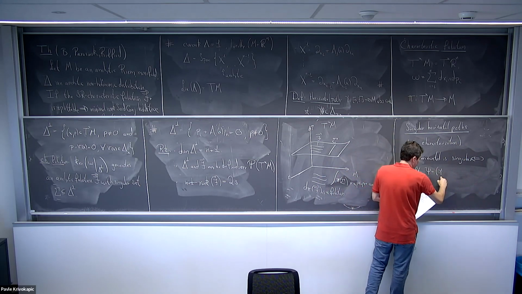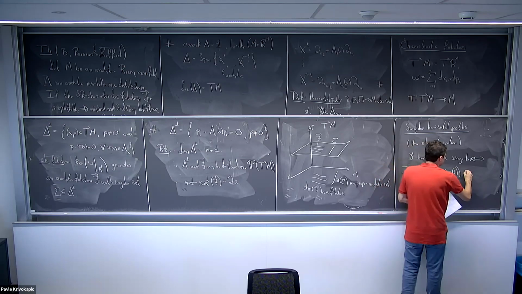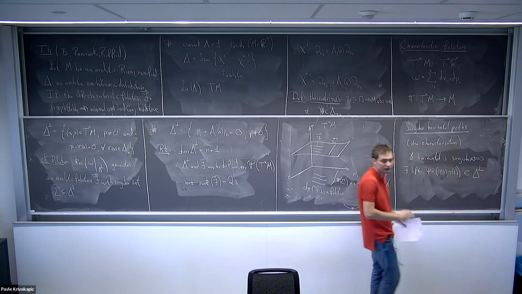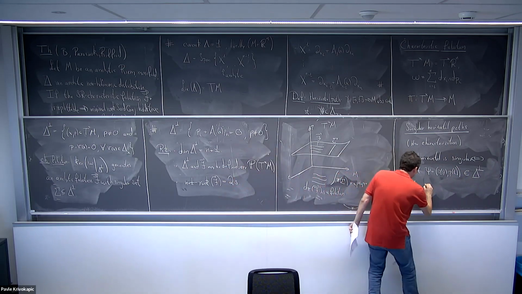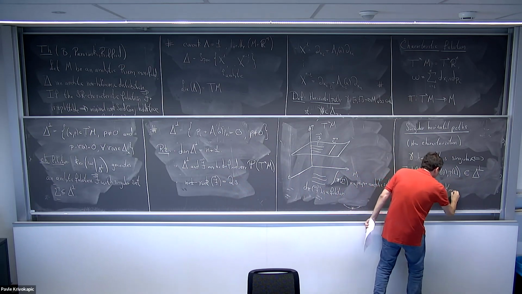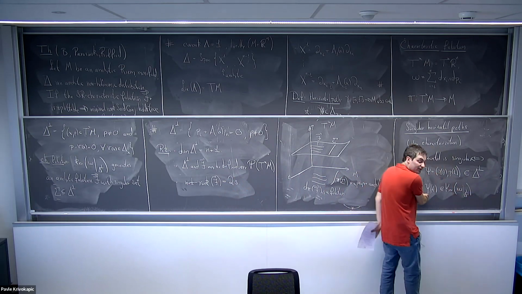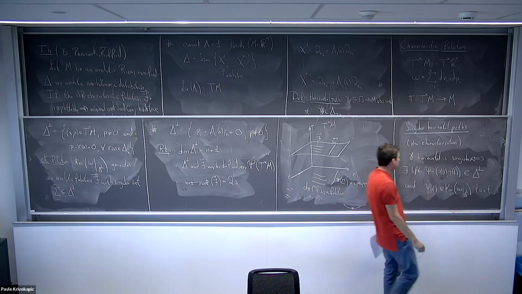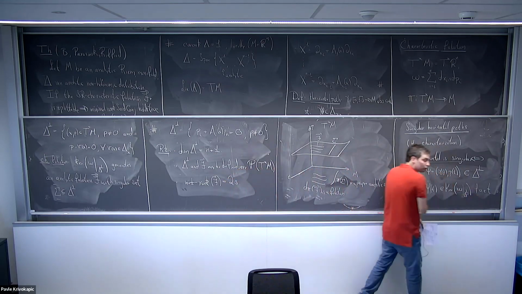So a lift means that the projection to M is gamma, and p of t belongs to the annihilator, and gamma prime belongs to the kernel of the symplectic form, restricted here, for almost every t. So whenever it's differentiable. So this gives you a characterization of the singular horizontal paths, which is purely geometrical.